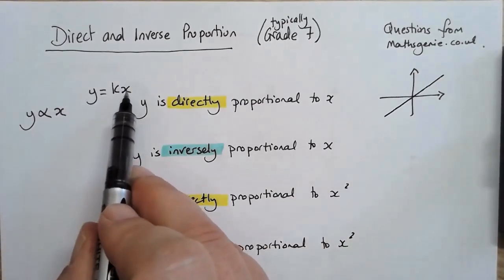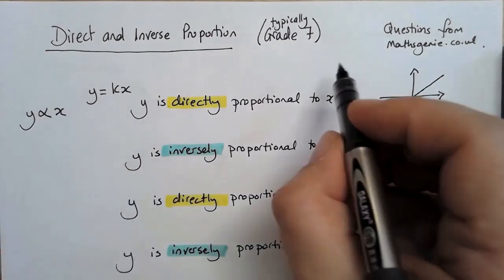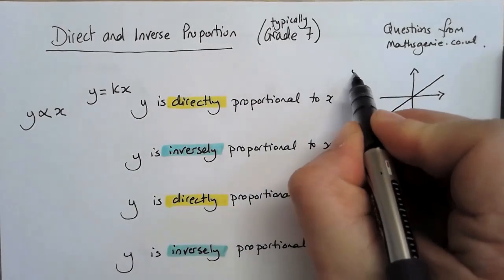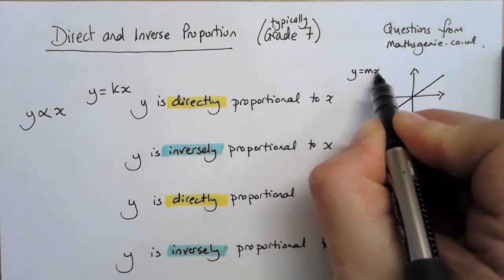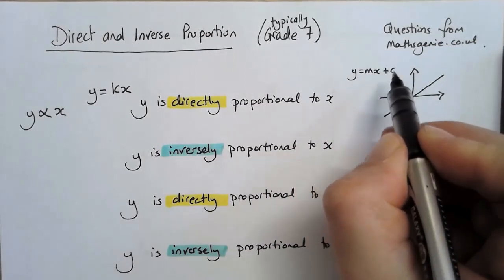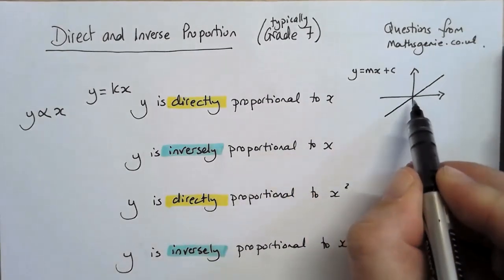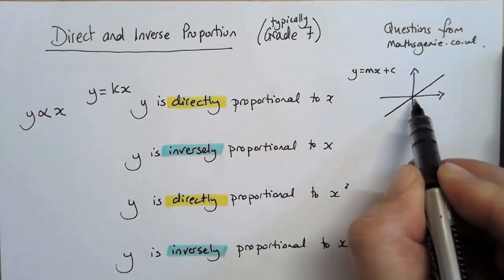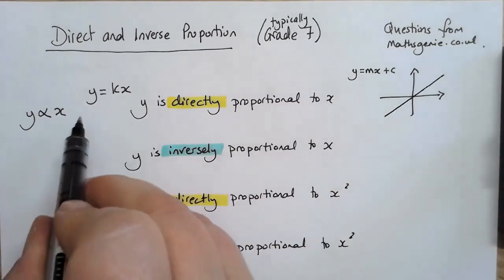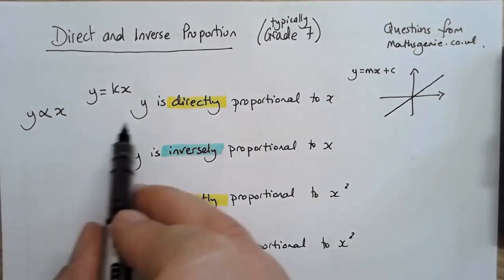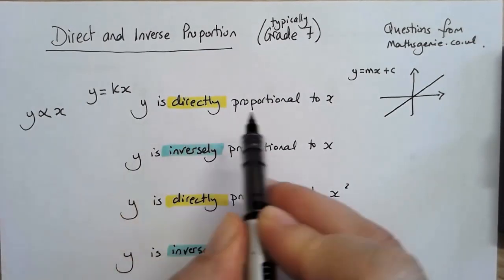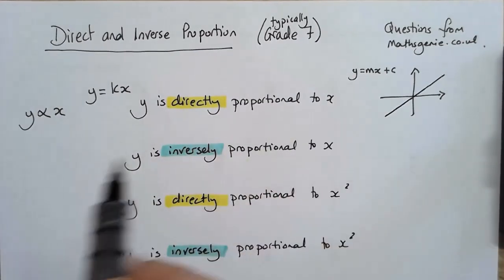There's no x squared going on here. It is like the line y equals mx plus c, where c is 0. So we're going through the origin. So this is a graph of y when it's directly proportional to x.